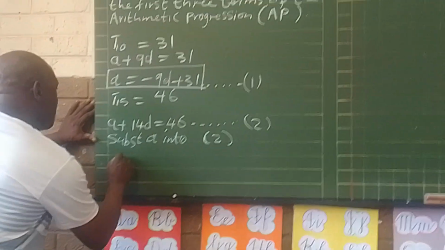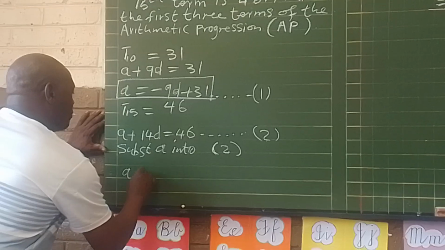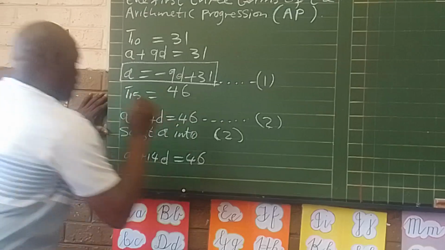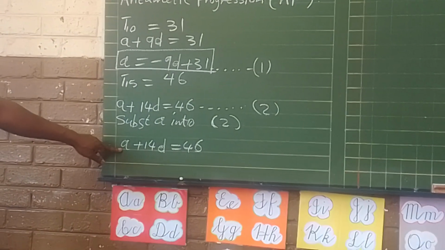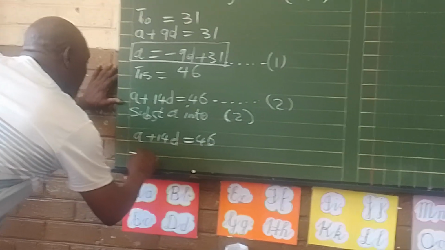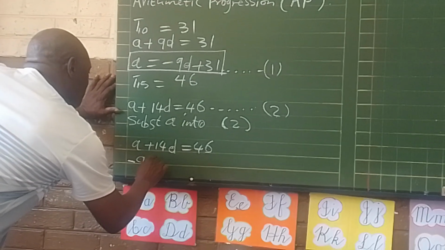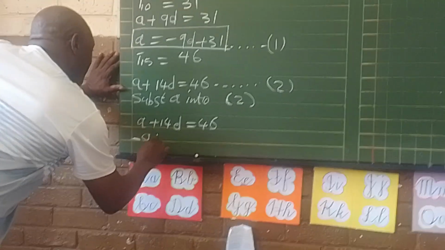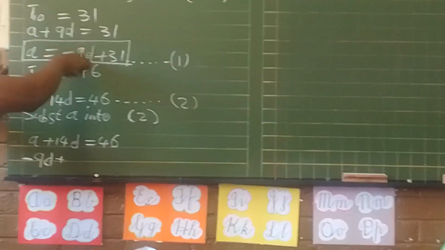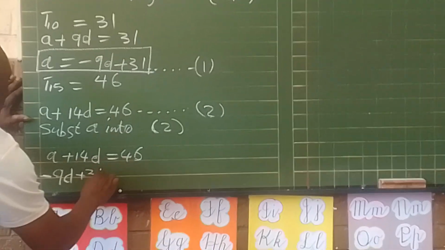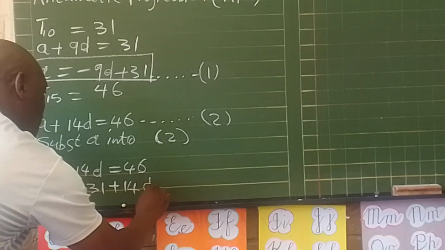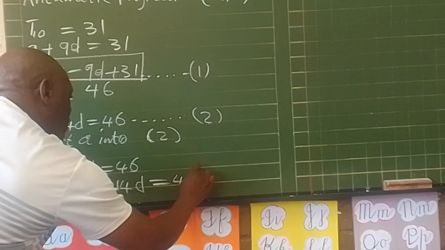Equation 2 says a plus 14d is equal to 46. When you see a, you put minus 9d plus 31. So it's minus 9d plus 31 plus 14d must give us 46.